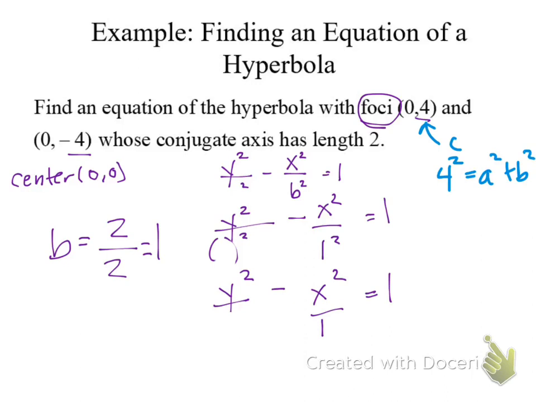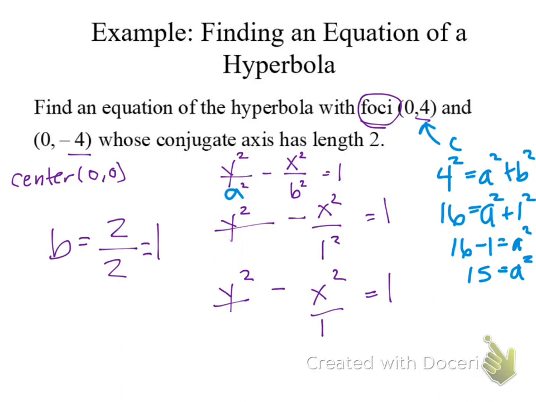It was not my vertex. So I have 16 equals A squared plus 1 squared. And so 16 minus 1 equals A squared, so A squared is 15. So A is only the square root of 15, but because I'm replacing all of A squared, I do have just 15 here and 15 here. I'm sorry about that mistake, guys.